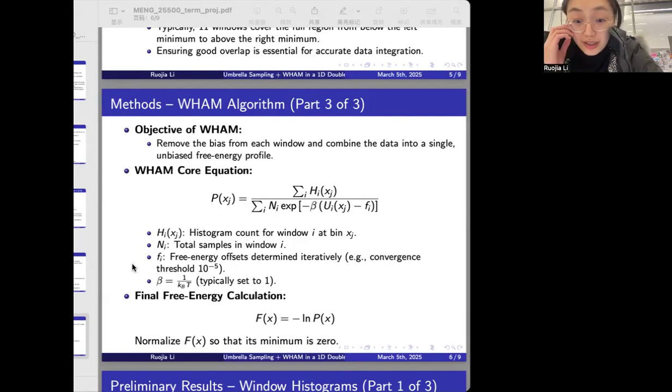We keep adjusting these offsets until the probabilities converge consistently across overlapping windows. The result is a single, continuous, unbiased estimate of P(x). Finally, we convert the probability into free energy via this equation. And we usually shift it so that the minimum of F(x) is set to 0 for easier comparisons.